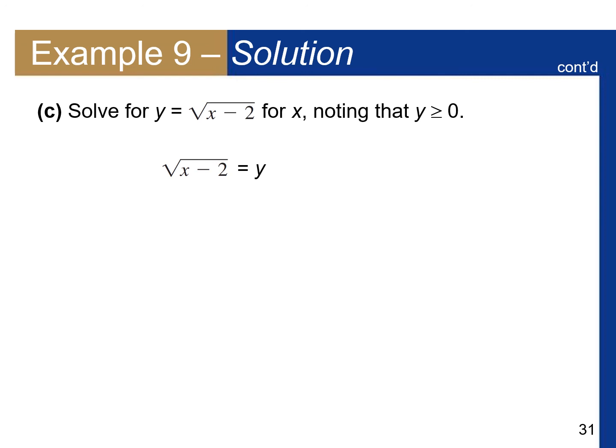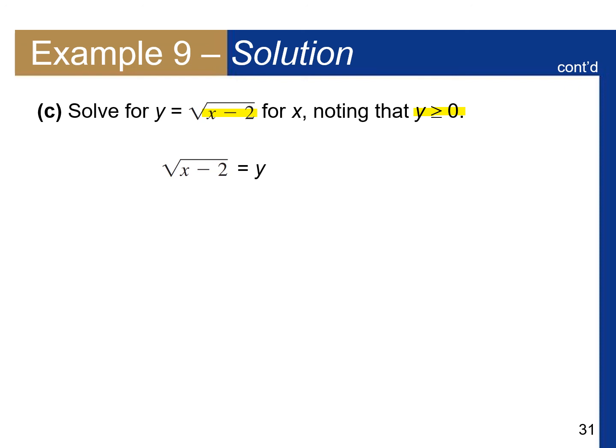So now if I solve for y equals the square root of x minus 2 for x, and again, I have to note that my domain value for this is that y has to be greater than or equal to 0, in order for that to work.